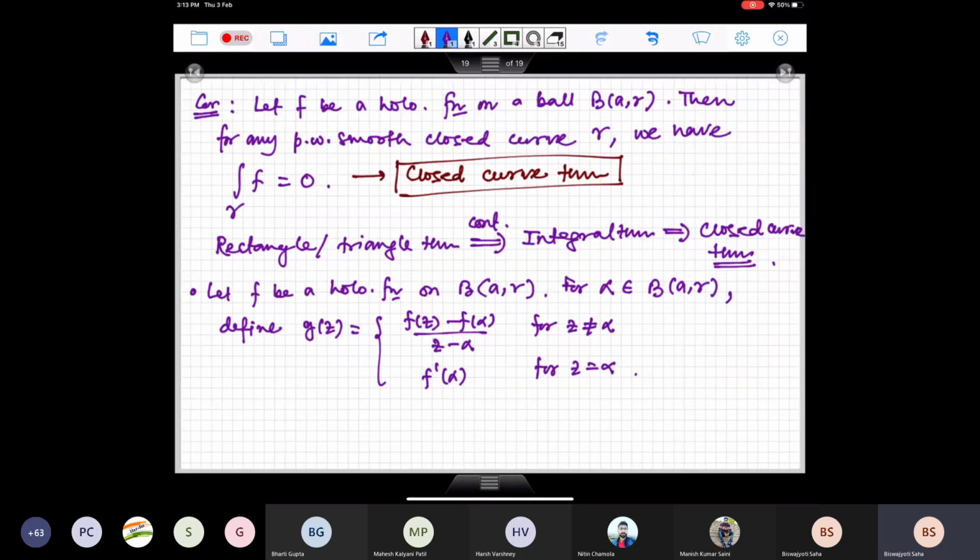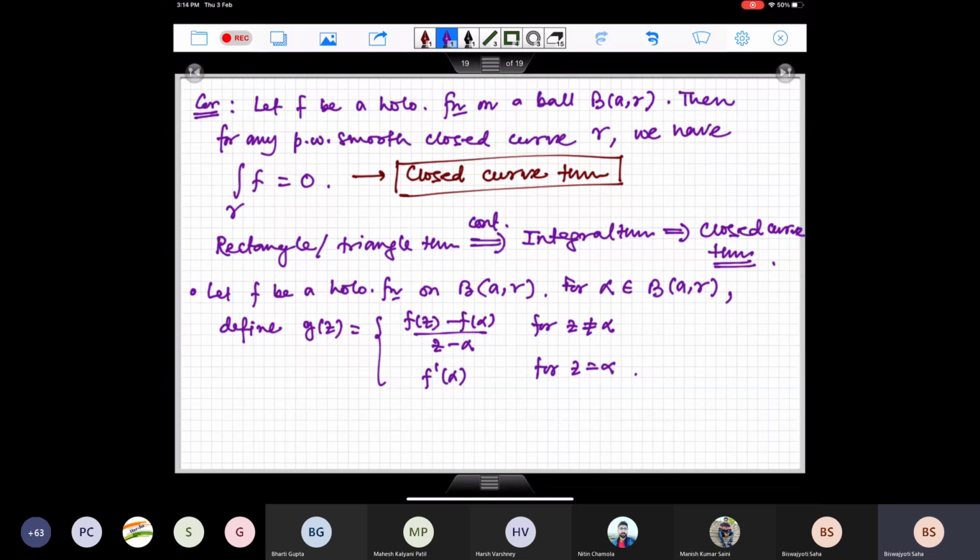So at the point alpha it's f prime of alpha, and otherwise it's f of z minus f of alpha divided by z minus alpha. In fact, from the definition of g it is clear that this function g is continuous at alpha. Do you agree to this?